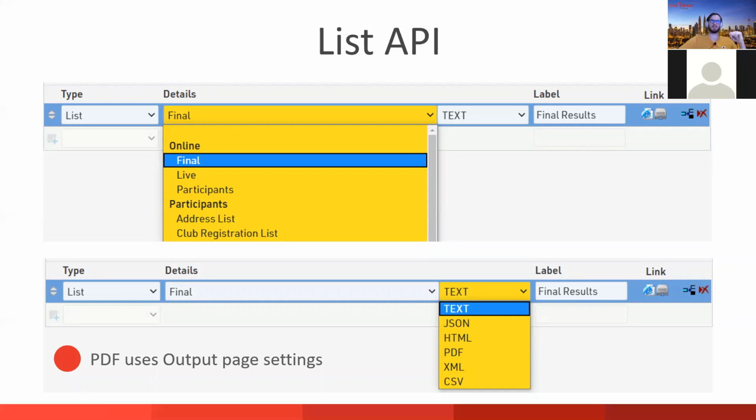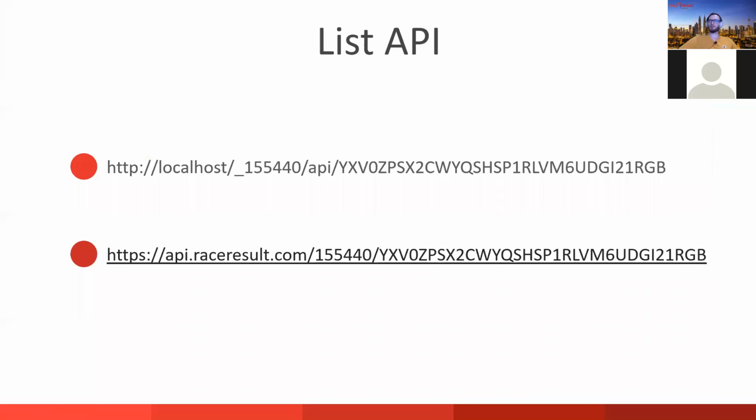So set it up nice and fancy in your output page settings, and that will be shown in your published API as well. As mentioned, that will then give you two URLs, the local URL if you're working offline, and the web URL, which will look something like this, api.races.com/your event ID, and a unique API key afterwards as well, which is a randomly generated key.